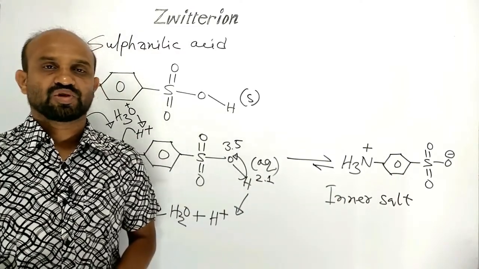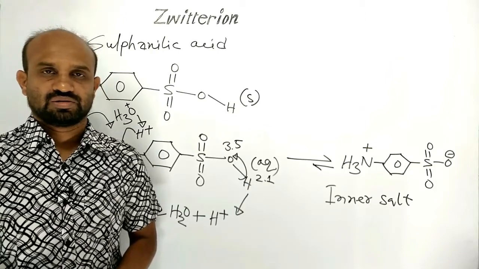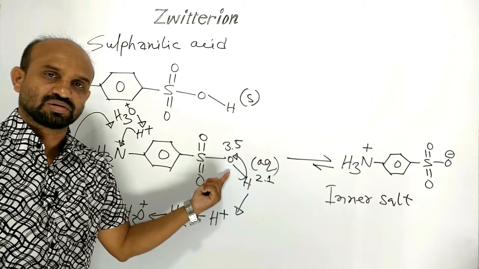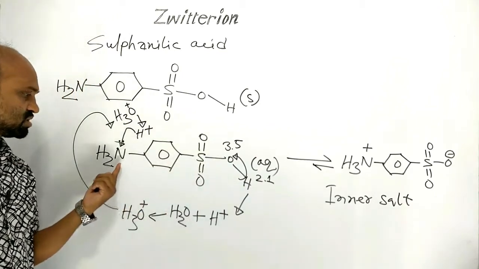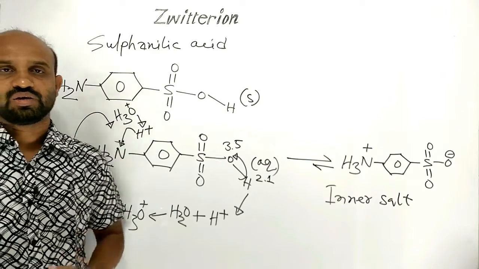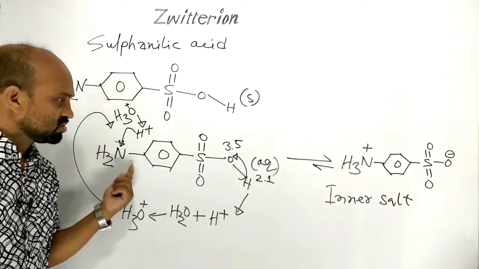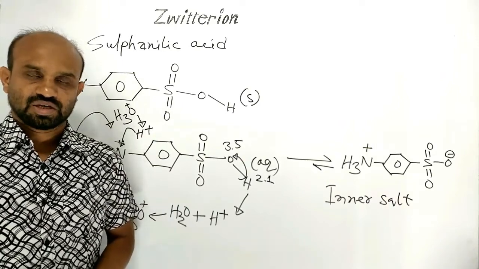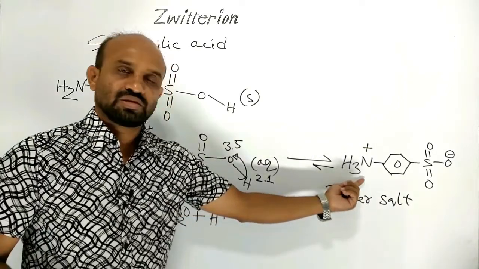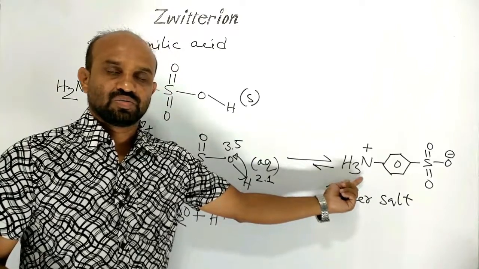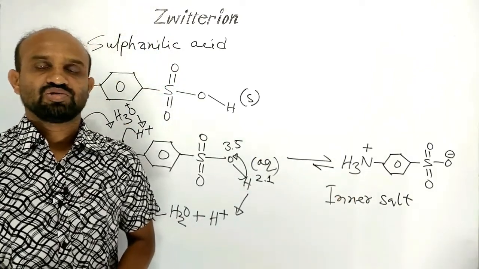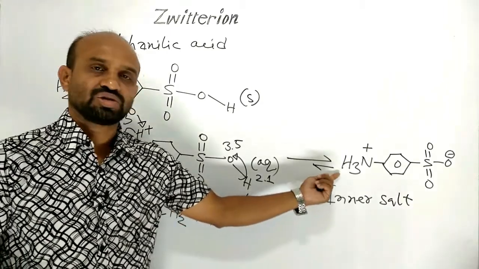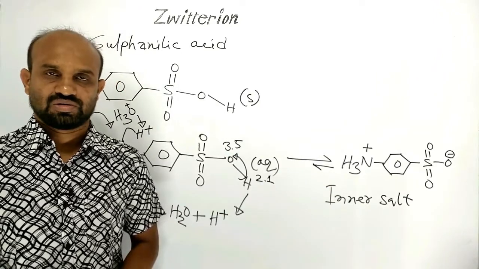A salt produced from acid and base. Here this is the acidic part, the sulfonic acid group. This is the basic part, the amino group. An intramolecular acid-base reaction happens here. That is why the Zwitterion produced from the intramolecular acid-base reaction is called inner salt.